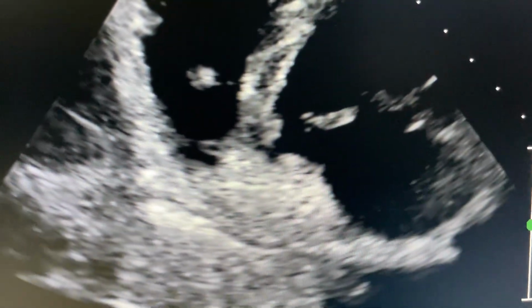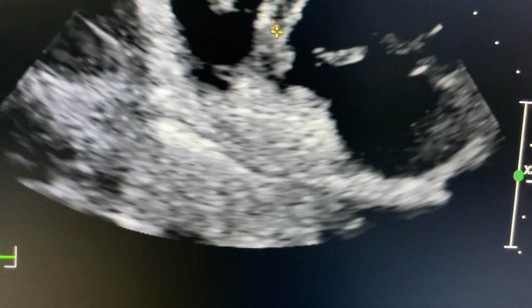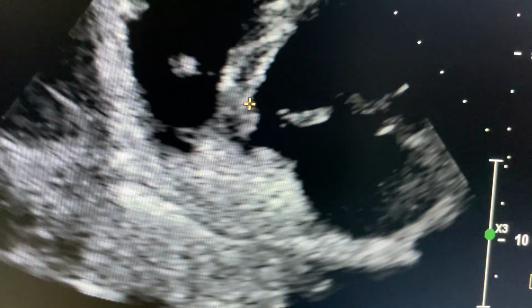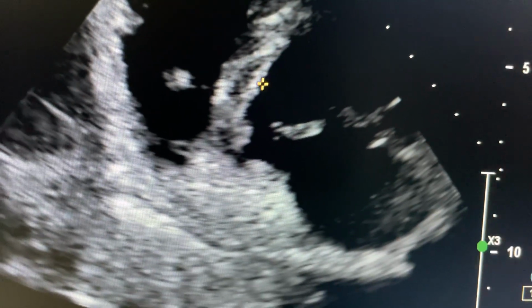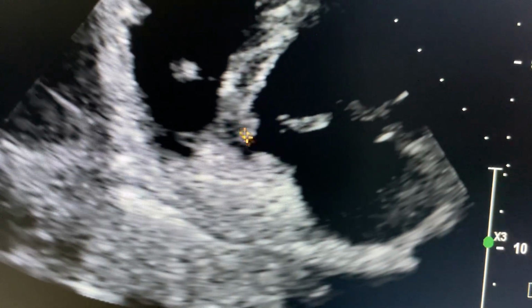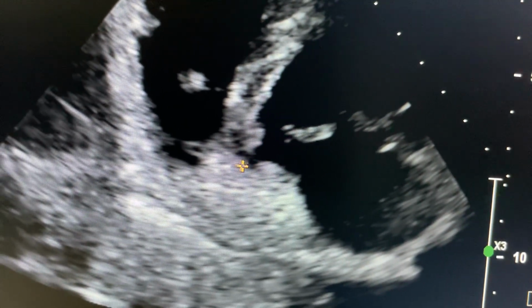Now see this one. This portion is minimally aneurysmal. You can see this is the interventricular septum. The septum is coming like this, then going like this. What is this portion? This portion is minimally aneurysmal, you say.